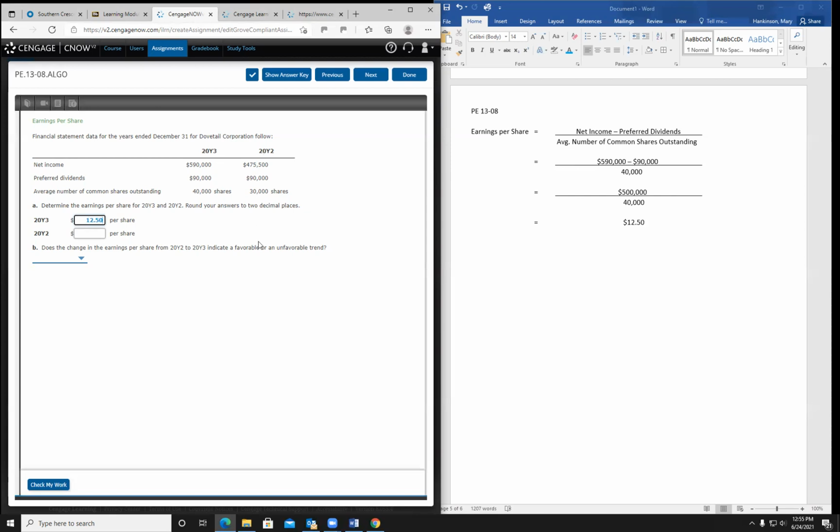Once we plug in the numbers for year 2, we're going to take the 475,500 minus the 90,000, and then divide that by the outstanding shares of 30,000. And we should get about $12.85 per share.